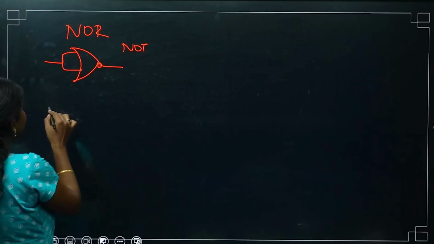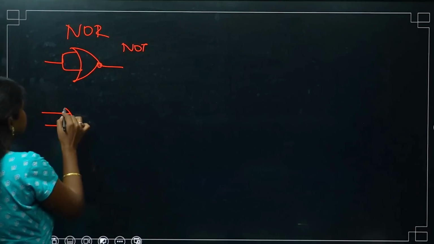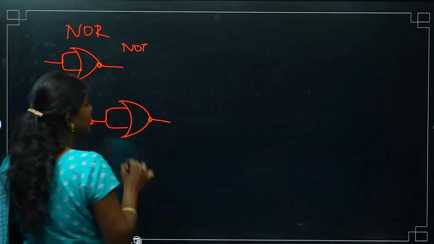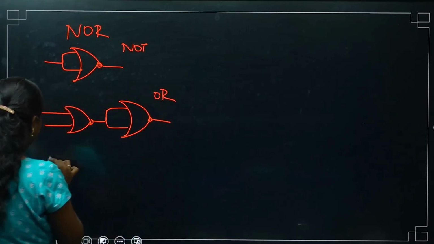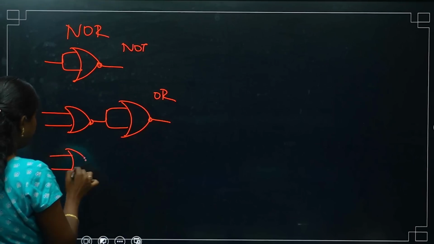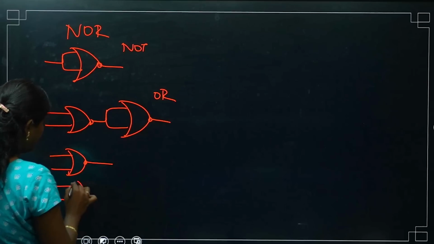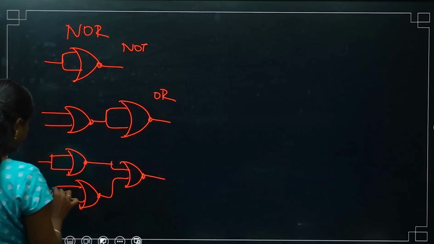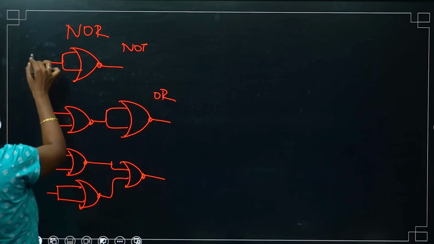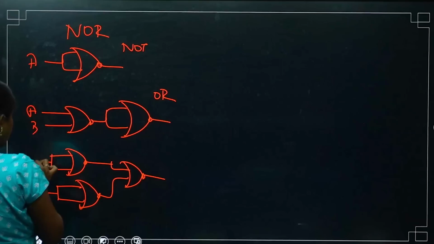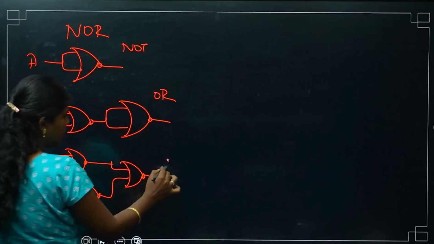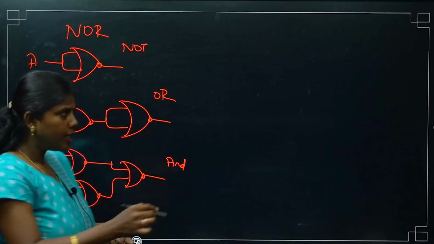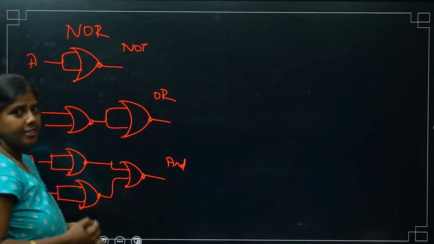Then we have OR. So this is A, this is B, and I'm telling you this is AND. So we'll verify whether we are getting realization of the basic gates using NOR gate.